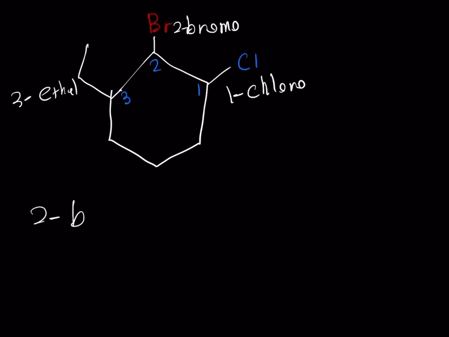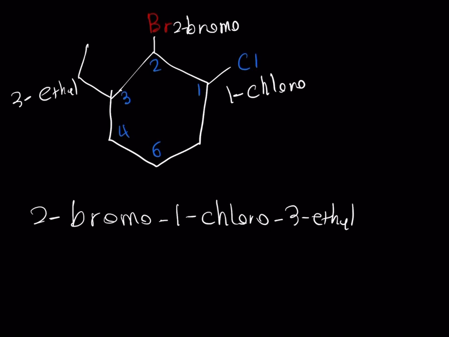So we start with 2 bromo, and then C is next in the alphabet, so 1 chloro, and then 3 ethyl, and this is going to be a ring with 6 carbons, so it's going to be cyclohexane. So that's how you name this one.